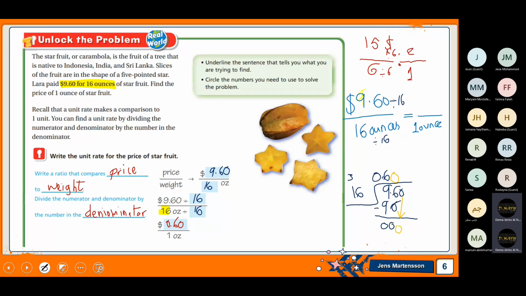Let's see. After they finish writing, I will solve it for you. Teacher, which page? Because I lost the page. 243.